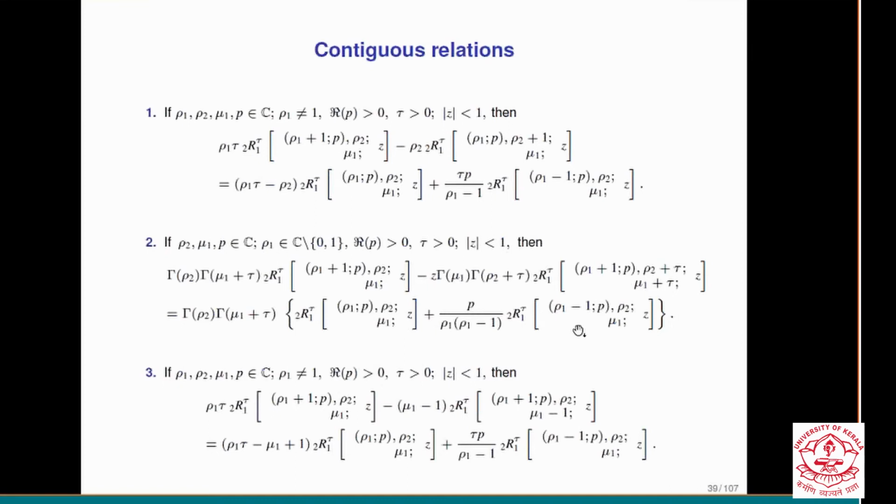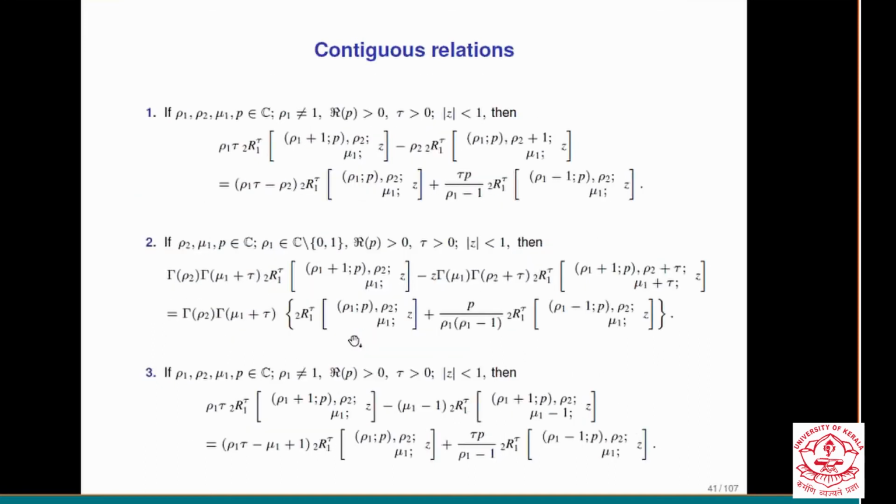So here we will again prove the contiguous relations of this hypergeometric type function. The first one is this, the second one is this, then the third one.